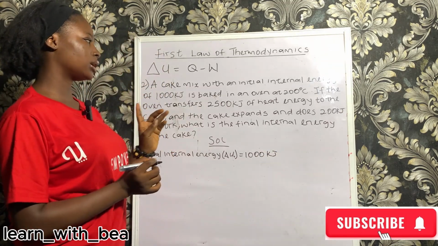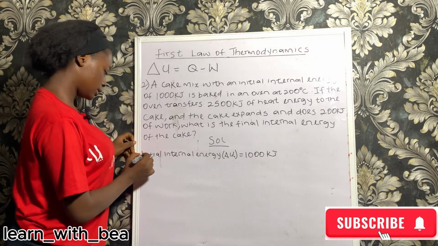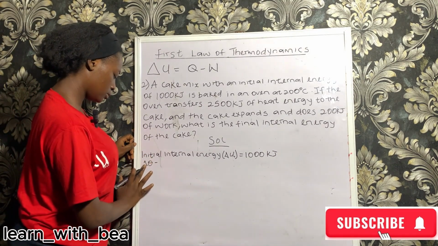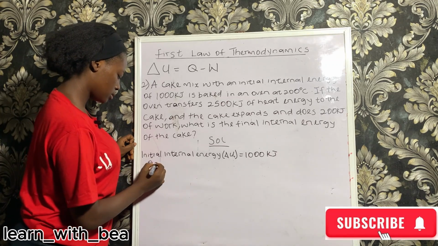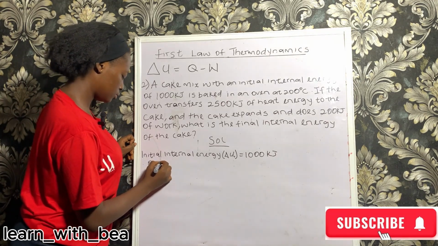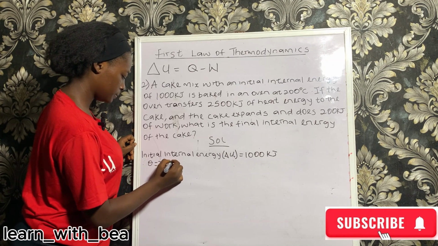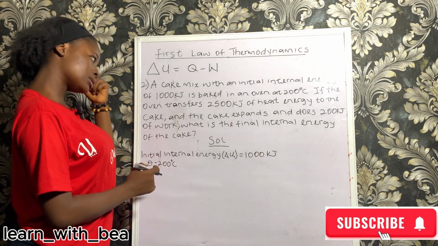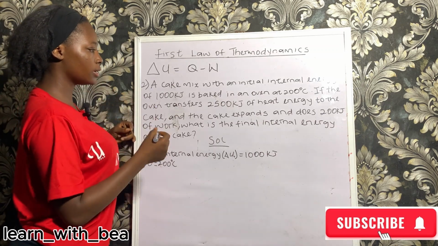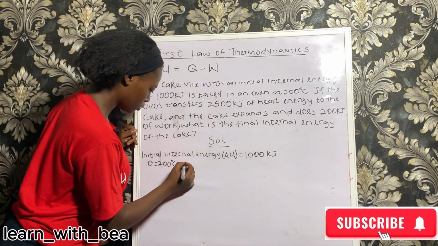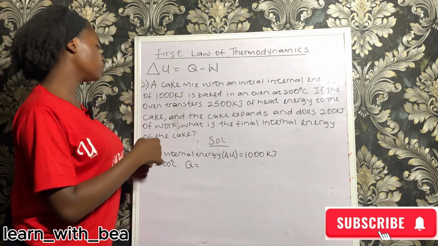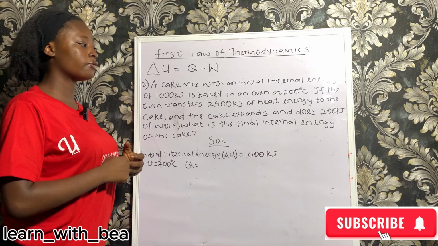So this is baked in an oven at a temperature, sorry, our theta is 200 degrees C. If the oven transfers 2005 kilojoule of heat energy to the cake, so Q is the heat energy.